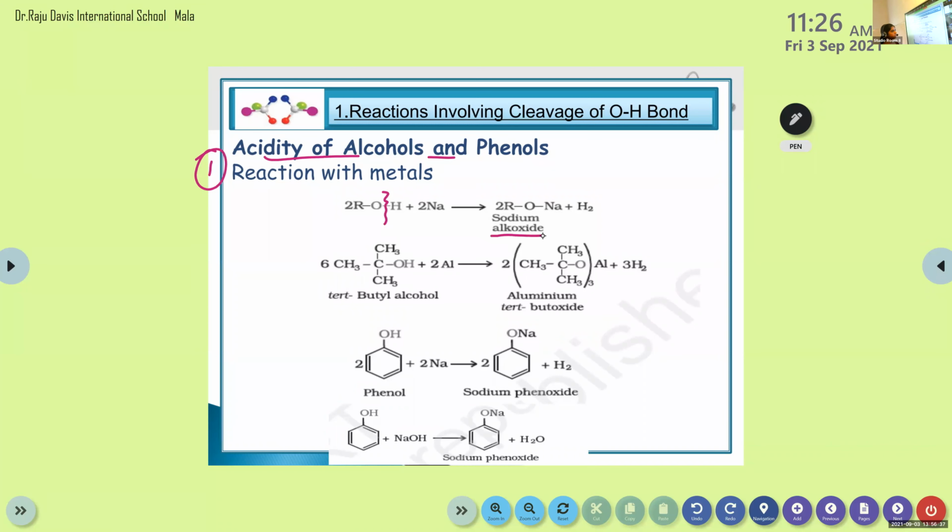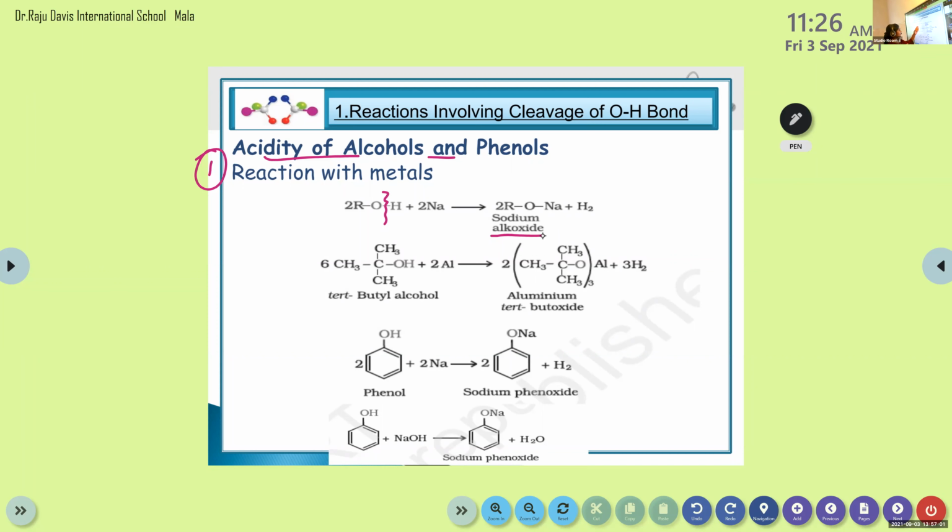Clear? I will repeat it once again. Alcohols and phenols will react with active metals such as sodium, potassium, then aluminium, etc. to form alkoxides or phenoxides. If alcohol is reacted with sodium metal, alkoxide will be formed. If phenol is reacted with active metals, phenoxide is formed.